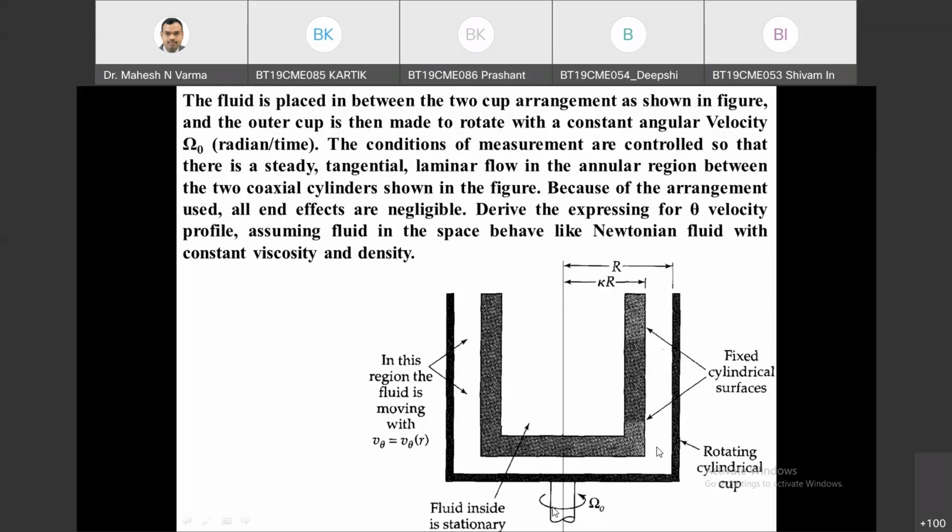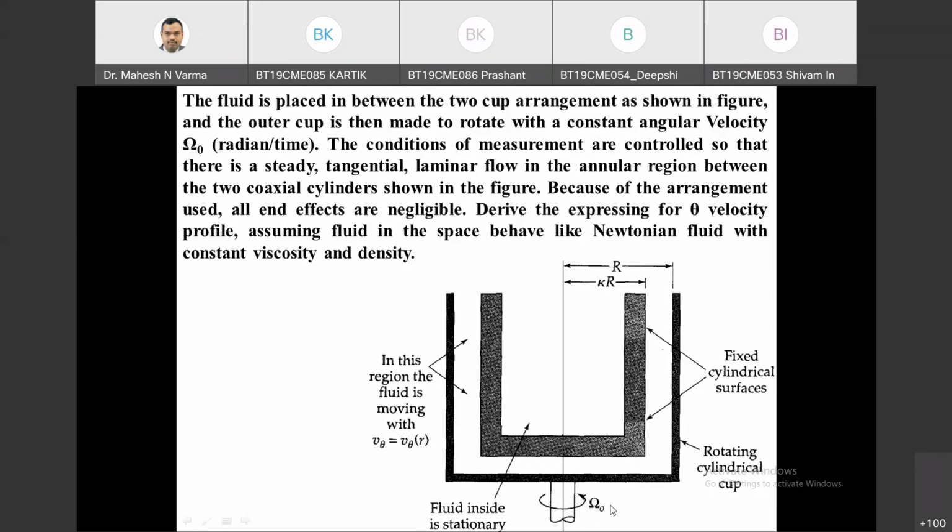This outer cylinder is connected with a shaft here, and this shaft is rotated with a velocity of omega 0. This is radian per unit time. Radian means, you can say, one rotation per unit time will be 2 pi radian. So sometimes angular velocity will be in the form of rotations per unit time or radian per unit time.